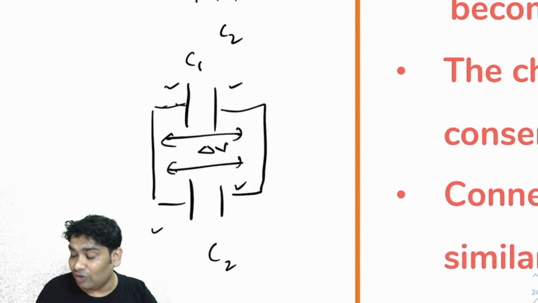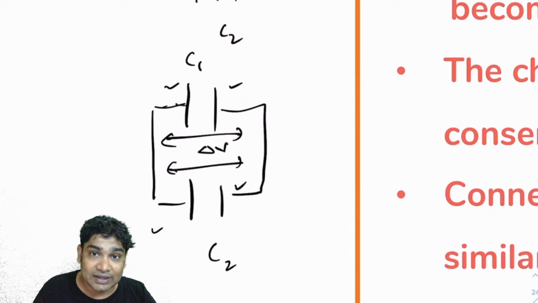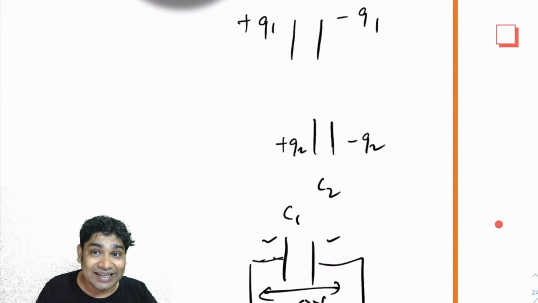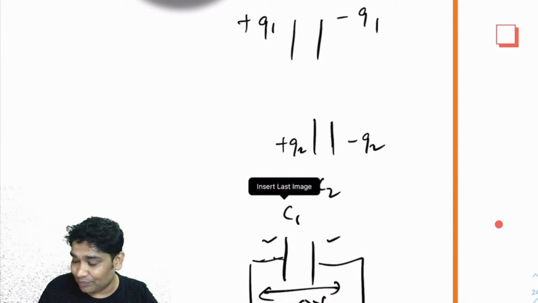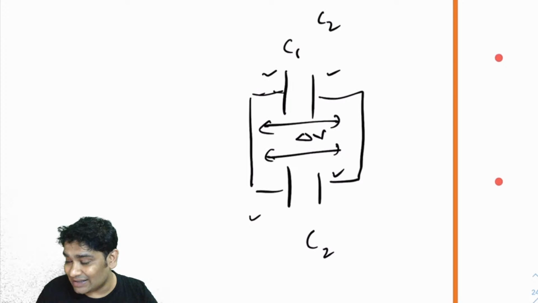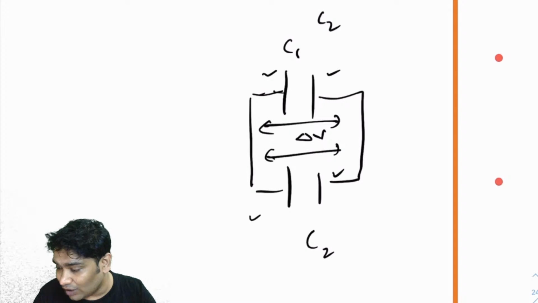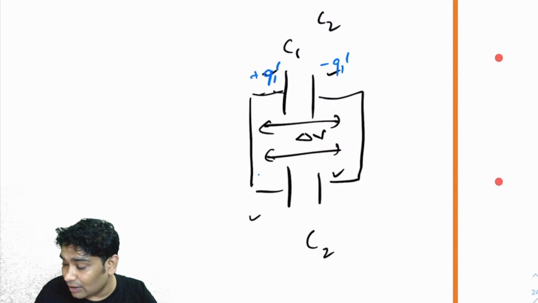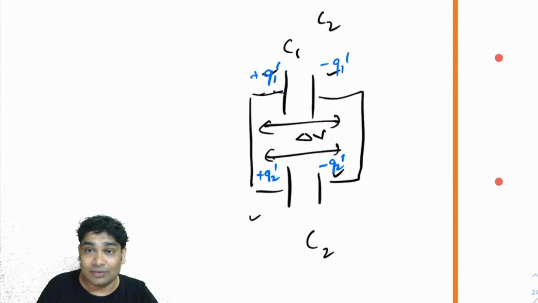Charges will flow and redistribute themselves, such that the total charge can only remain the same. Say you had some charge Q1 dash here and minus Q1 dash here, and plus Q2 dash here and minus Q2 dash here.